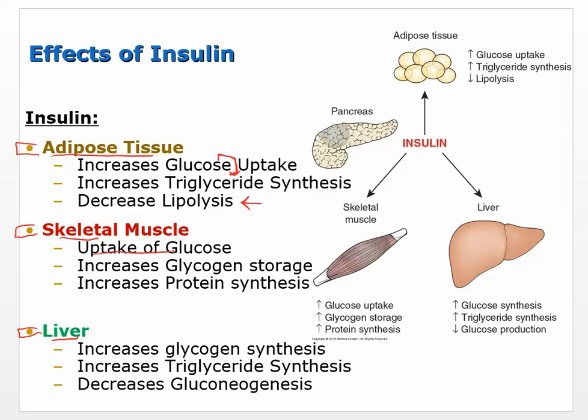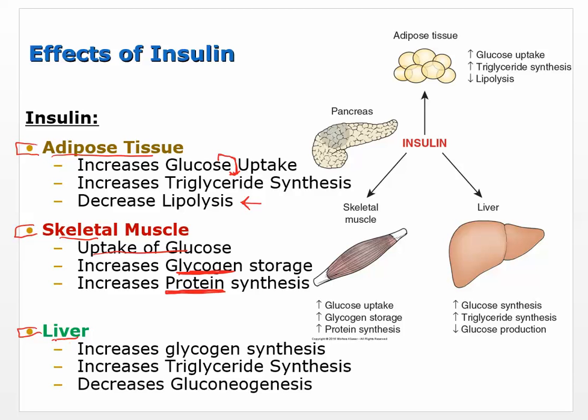In skeletal muscle, uptake of glucose increases glycogen storage, so we're going to store it as glycogen in skeletal muscle for sure. It also increases protein synthesis, so this is an increase in enzymes or anything else that needs to be produced to deal with the extra glucose.